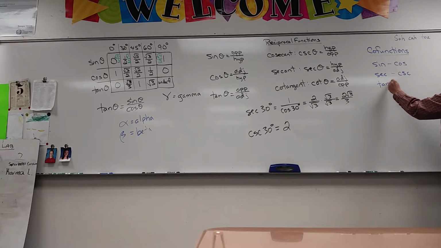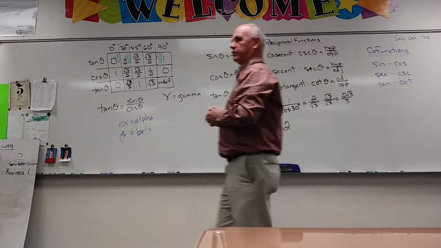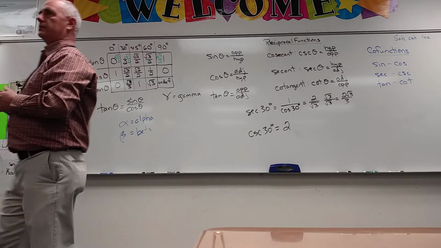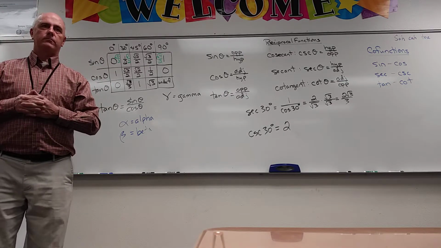Tangent and cotangent. These are called cofunctions. The only pair that are both cofunctions and reciprocal functions are tangent and cotangent. Okay?